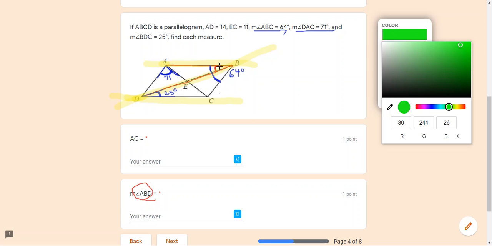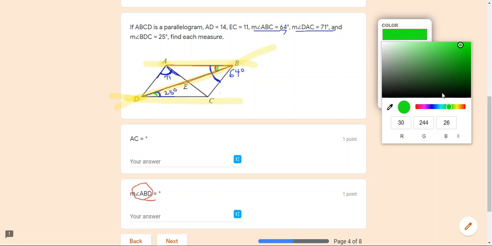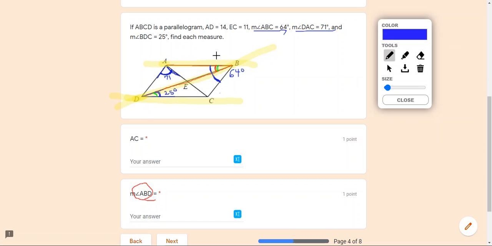So the angle we're looking for is going to be alternate interior to this angle. You have alternate interior angles using a transversal, and alternate interior angles are congruent. So since we know that this angle is 25 degrees and that it's congruent to the alternate interior angle, we know that this one has to be 25 degrees.